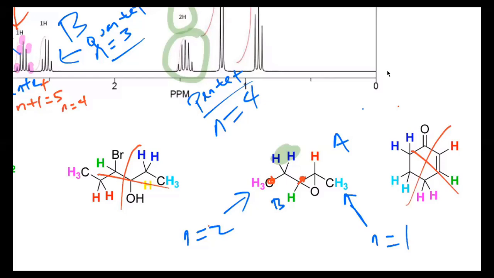Good. So N for this set is equal to 4, and then N plus 1 is 5. So it should be a pentet. Is that right? Yes. So we're going to label this one as C. Any questions about that?